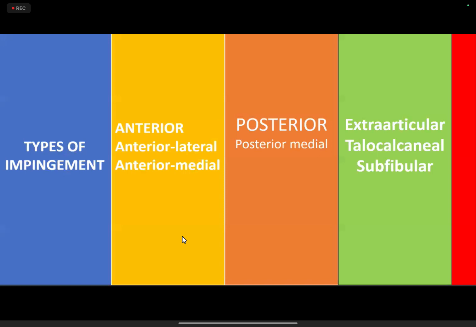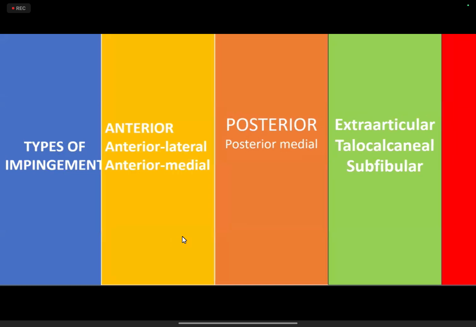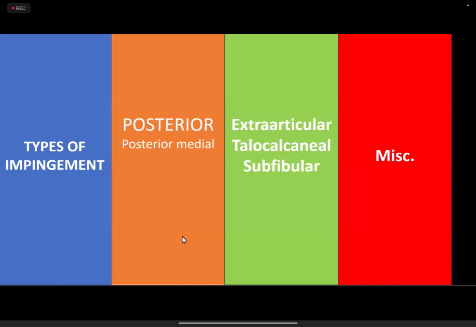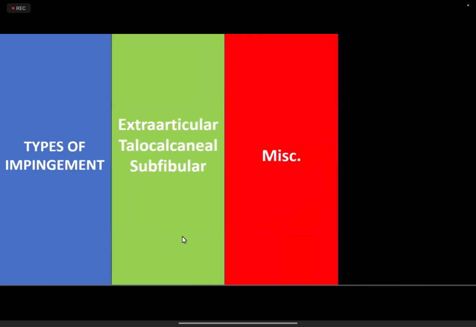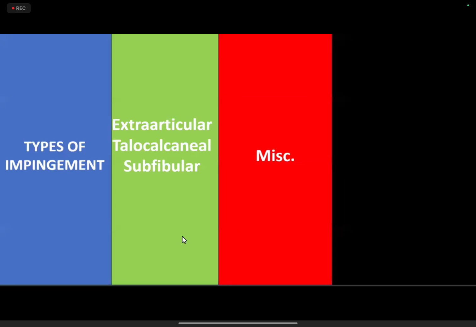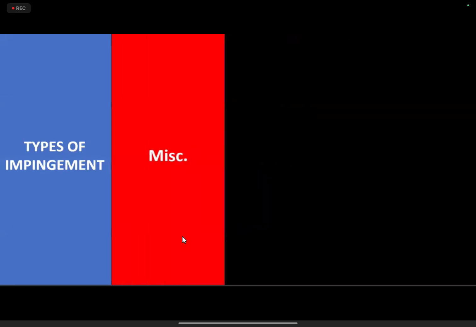This includes anterior impingement, which can be divided into anterior lateral, anterior medial, and anterior proper. Then we have posterior and posterior medial impingement. Then we will talk about extra-articular talocalcaneal and subfibular impingements, and maybe some miscellaneous impingements if we have time.